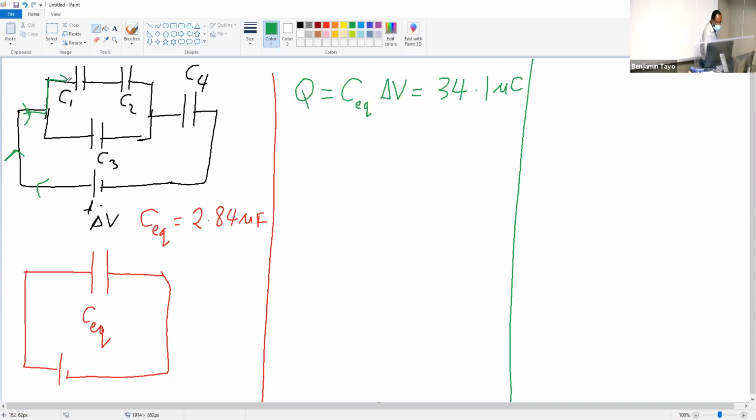One part goes up, one part goes down. But by the time it gets here, the current is going to recombine at this point. So what I'm saying is that the total charge is also the same charge that goes through C4. So Q4 is the same as Q. So the total charge in capacitor number 4 is also 34.1.